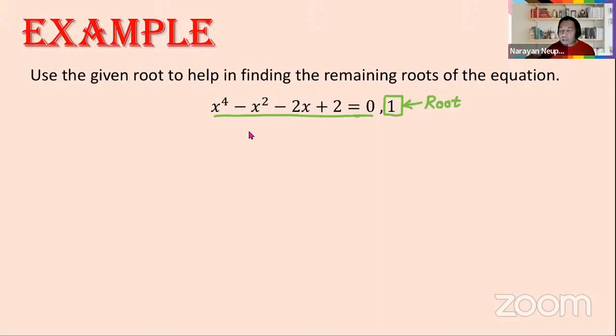Let's see how we can do that. It will definitely take a little bit of time because this is the 4th degree, but the root is 1. So we are going to begin with synthetic division, because synthetic division is very powerful in reducing that 4th degree polynomial to the factored form.